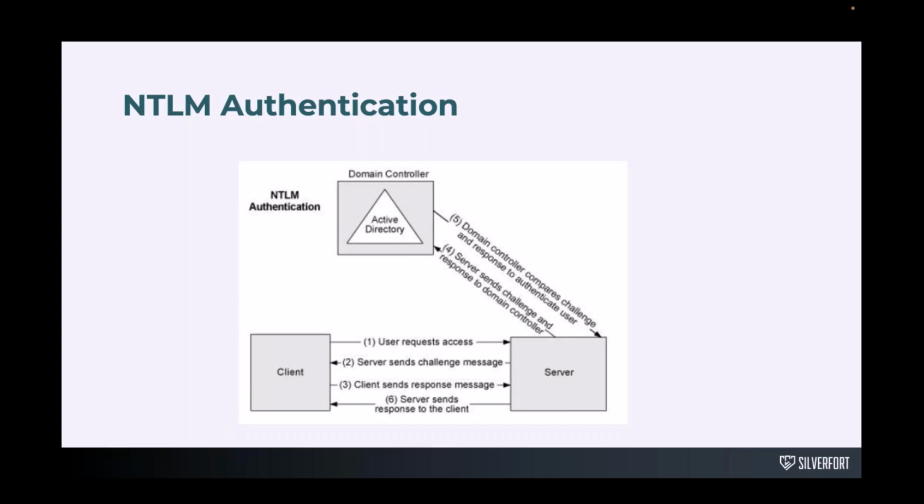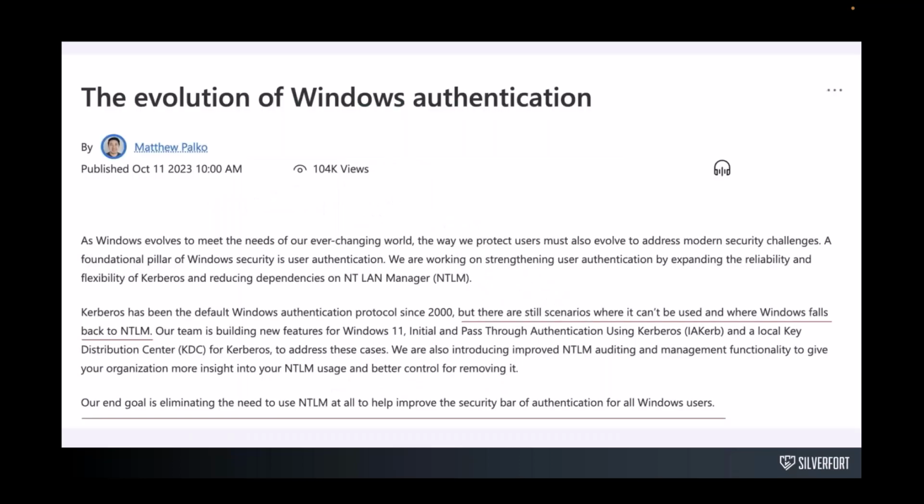Now, let's do some drill. This is taken from one of the latest Microsoft newsletters. I want to read this to you: Kerberos has been the default Windows authentication protocol since 2000, but there are still scenarios where it can't be used and where Windows falls back to NTLM.